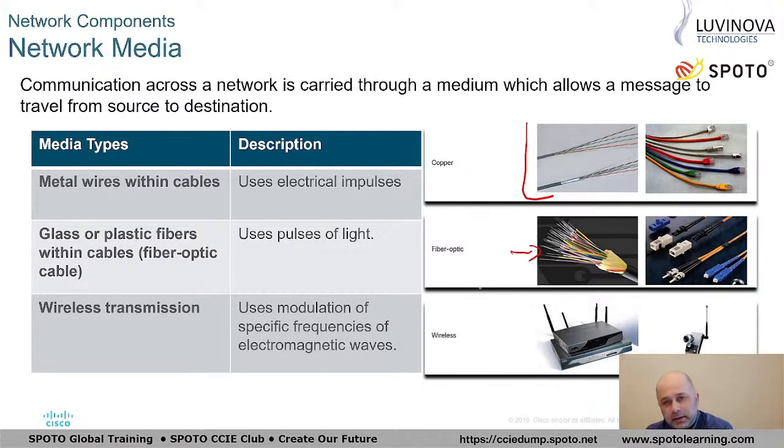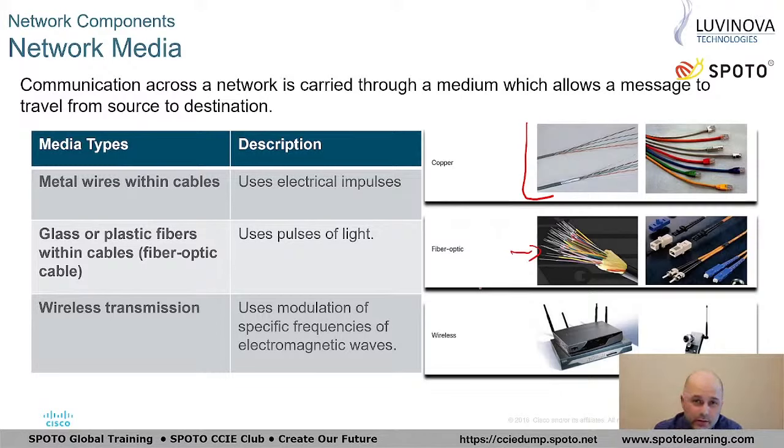So fiber optics, just a few keywords, or a few important things that I can say about the fiber optics. Fiber optic is a highly transmissible cable. It's high bandwidth. It's a very efficient cable. Why? Because the core of the fiber optics is made from glass.